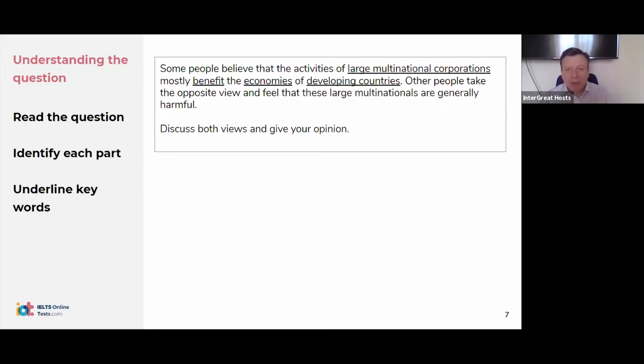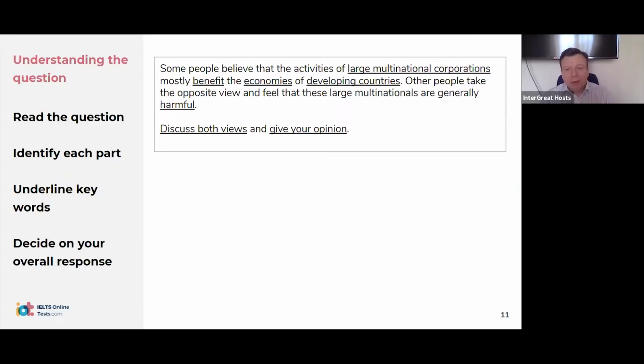Yeah, the opposing view. Okay, so harmful. So others hold the opposite view. And then we have our question. Yeah, discuss both views, give your own opinion. Okay, very good.